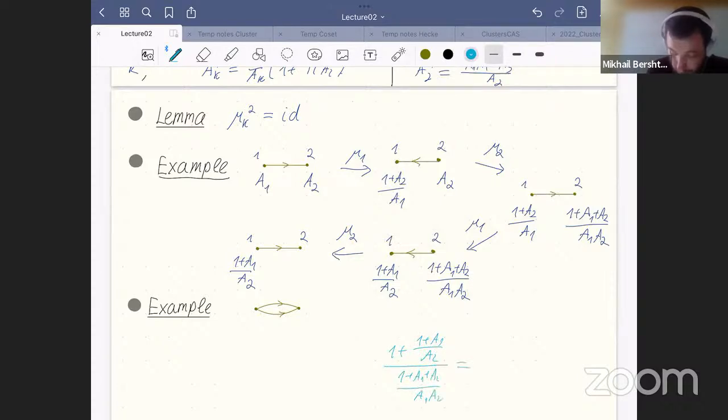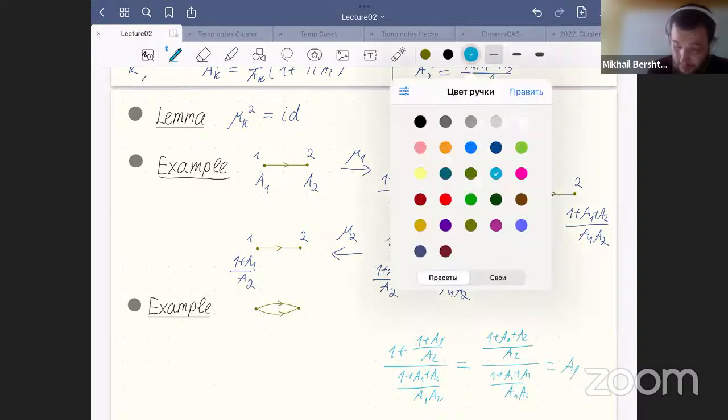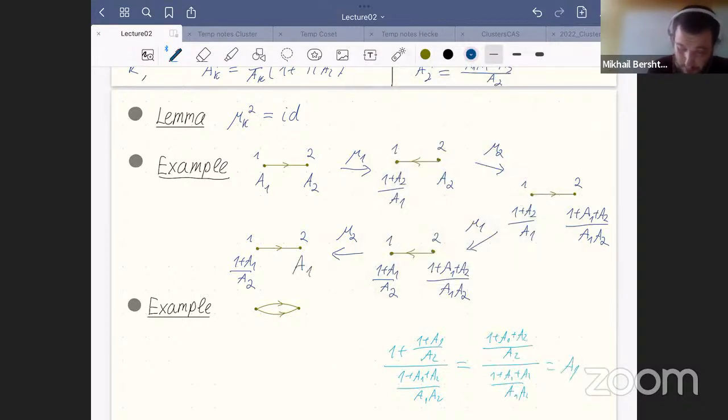If you compute the numerator and denominator, then on the upper hand we have this, on the lower this, and then we get just A1. And this is expected. If we do mu2 from here, we get one variable A1. Then similarly, if we do mu2 here, we get this variable. And at last, if we do one more mutation, now what remains?